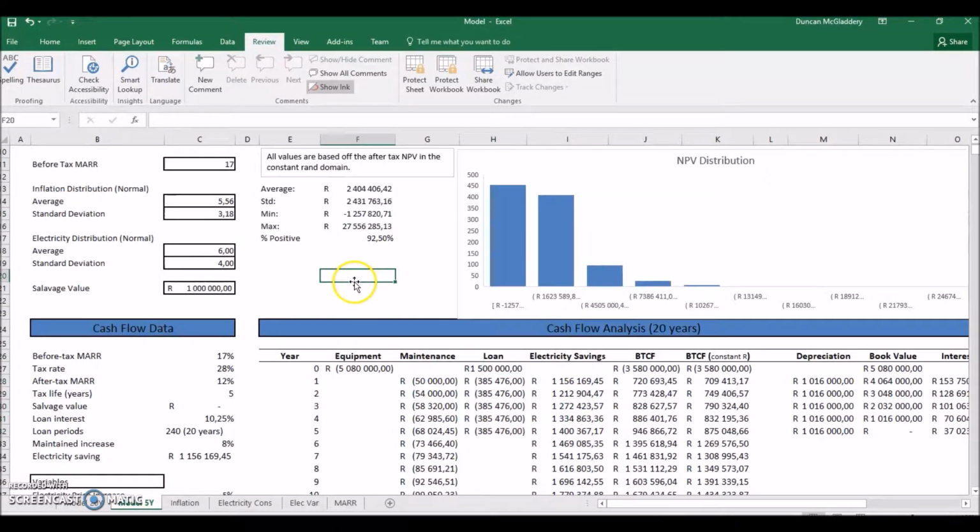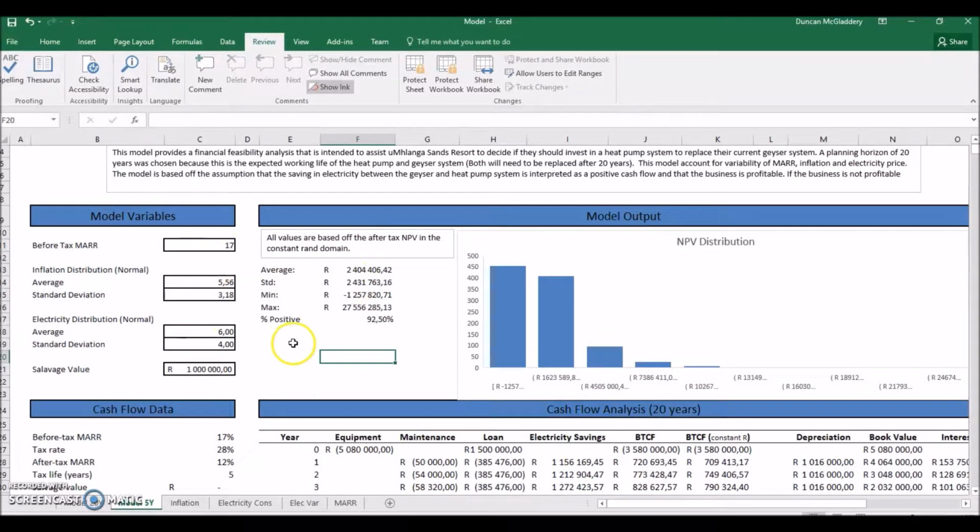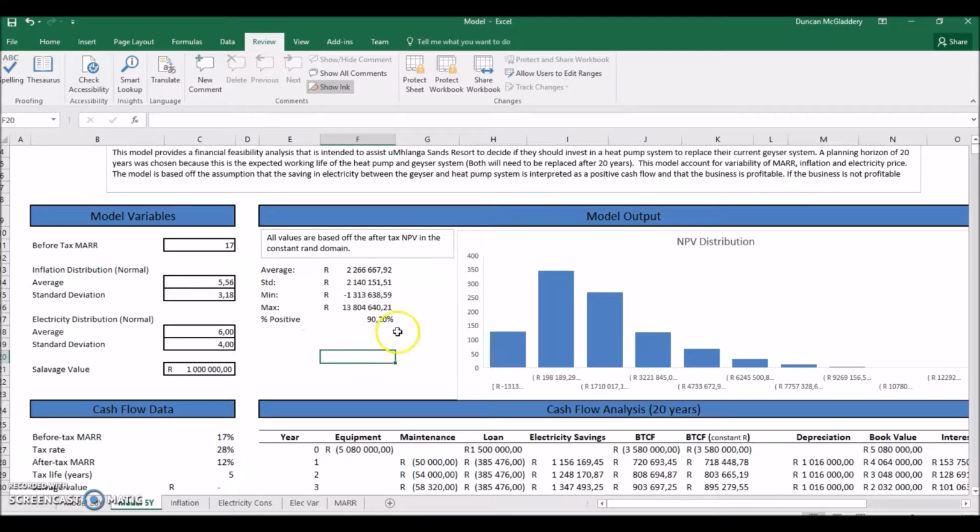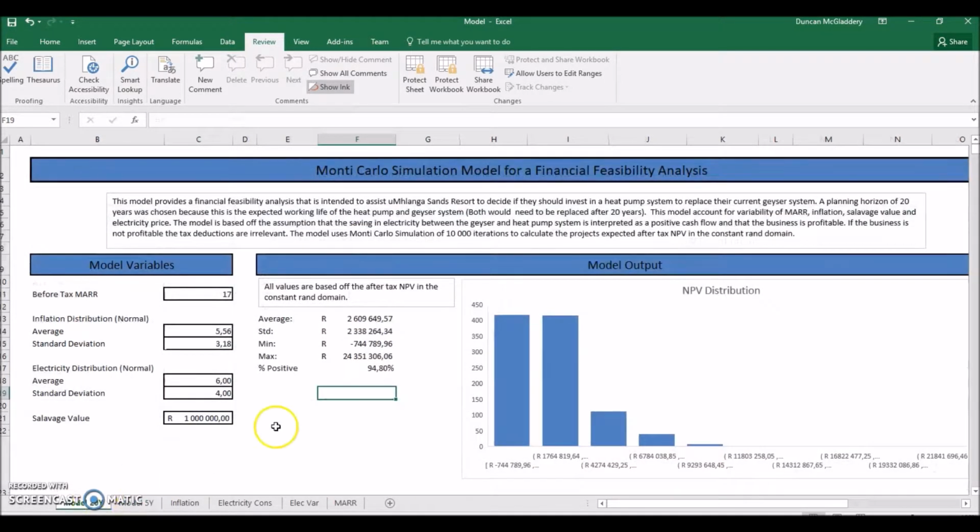And if we use the same input values and run the simulation, we can see that in this case, the project is profitable on 90% of the occasions, and that the average value is 2.26 million, both of which are lower than using the 20-year loan repayment scheme. So this leads me to believe that we should take a loan out for 20 years.